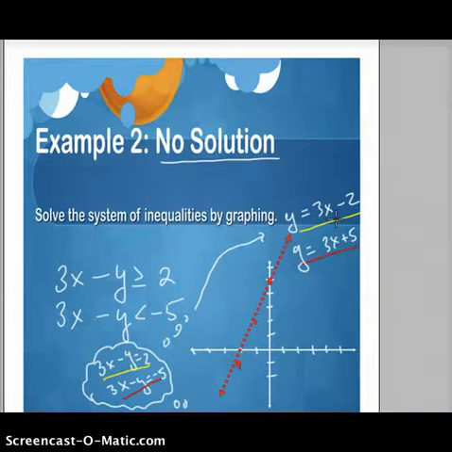And which way am I going to shade? When I look at this, I need to go back to the original inequality and figure out which way I'm supposed to shade, because this is just the related equation.